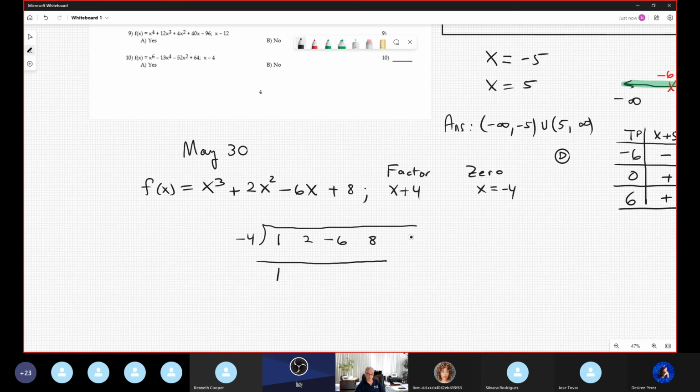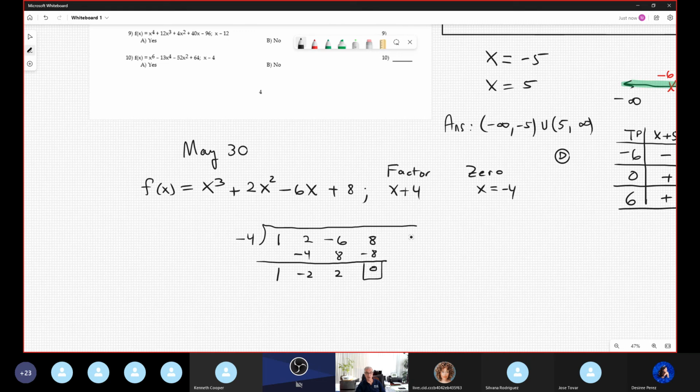And you bring down 1. And multiply, it's -4. Then 2 minus 4 is -2. And -2 times -4 is +8. And now we combine again: 8 minus 6 is 2. And 2 times -4 is -8. Wow. And this part is the remainder: it gets 0.